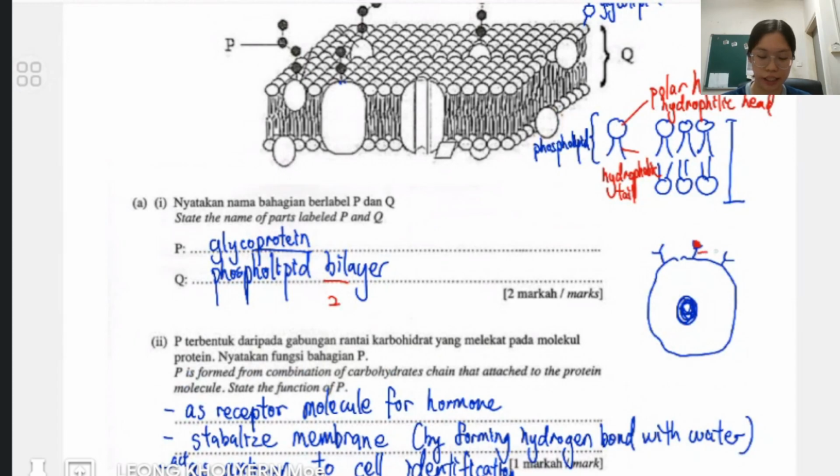This is what your glycoprotein does. It acts as a receptor, and your hormone is this one. It binds to the receptor, and then it will initiate a cell signaling process for your cell to do a specific action. But we didn't learn that in detail. I'm just letting you know what is the meaning of a receptor molecule for hormone.